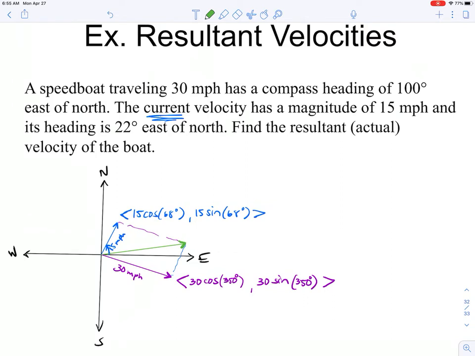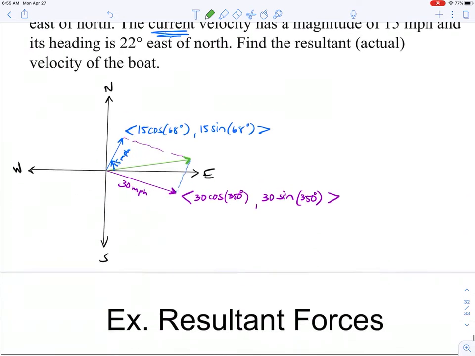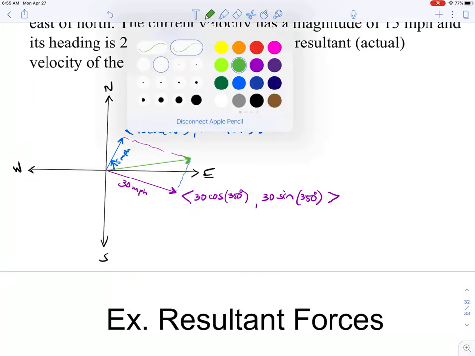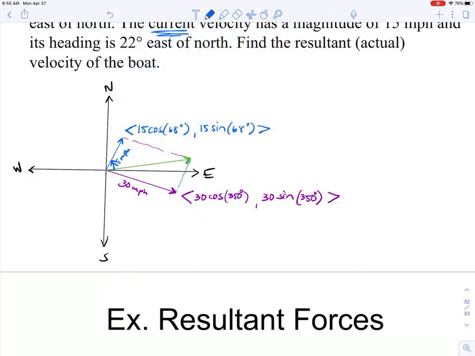So we're trying to find the horizontal and vertical component of that resultant vector, which would be the actual velocity of the boat. And then we want to find the magnitude and the direction angle of that vector in order to help us describe the actual velocity.